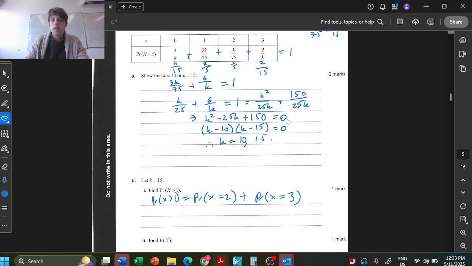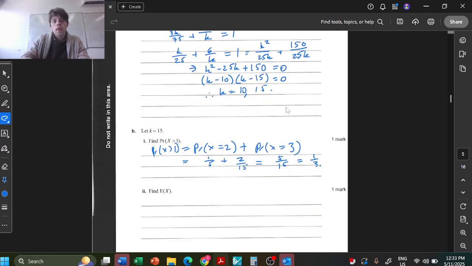If x is larger than 1, it could be 2 or 3. So that's just 1/5 plus 2/15. Once again, we can write these two fractions with the same denominator. So that's equal to 3 over 15 plus 2 over 15, which is 5 over 15, which is equal to 1/3.